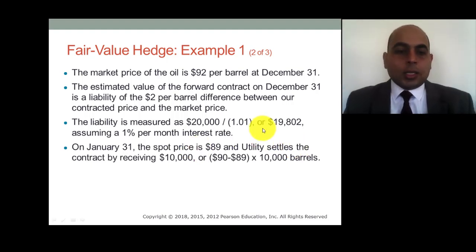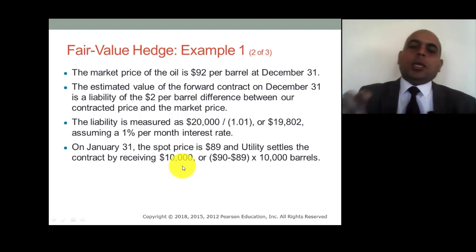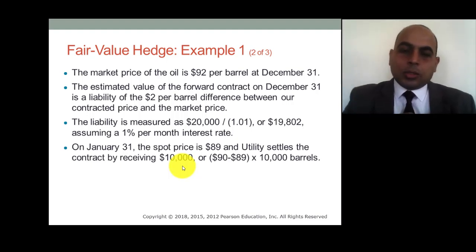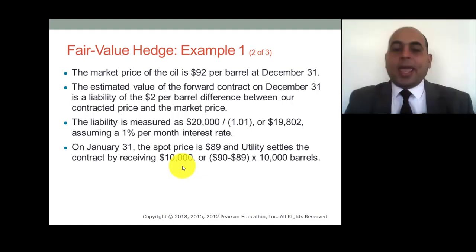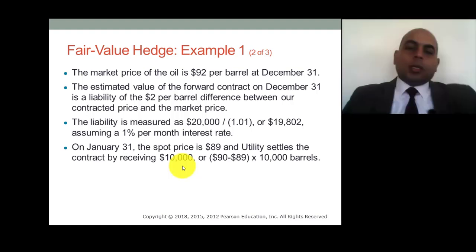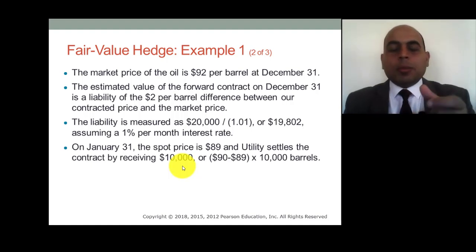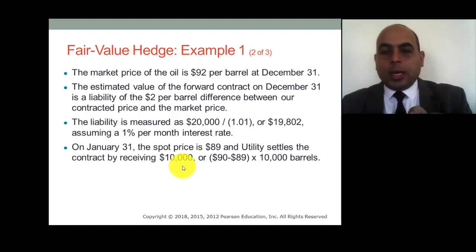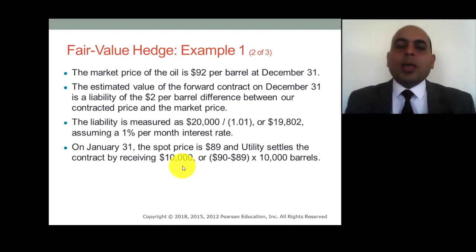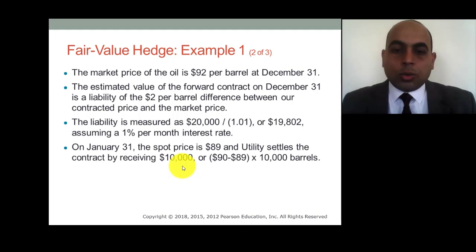And the utility settles the contract by receiving $10,000, the difference between the forward price, which is 90, and the price on the settlement date, which is 89. So instead of paying the total amount and receiving the cost, we will settle by the difference between the exercise price of the forward contract, which is $90, and the spot price on the date of settlement, which is 89.